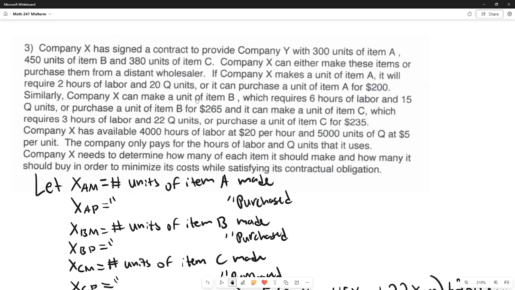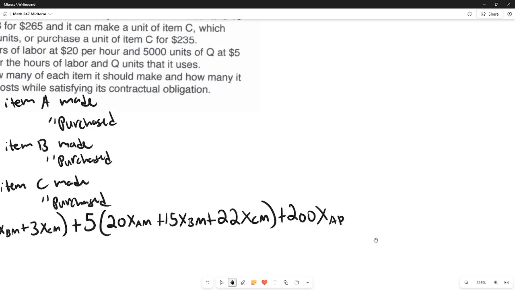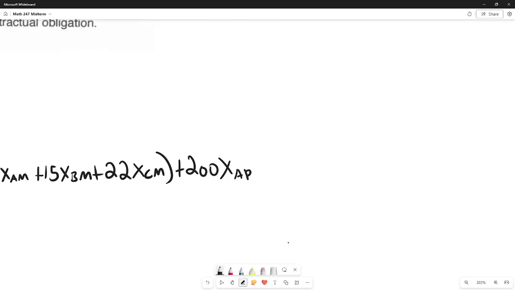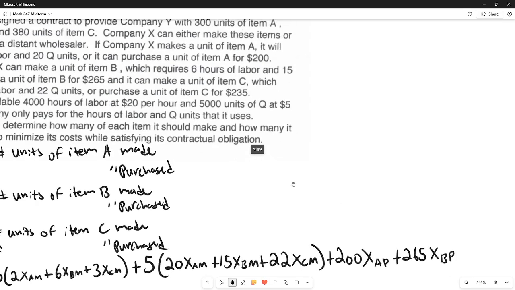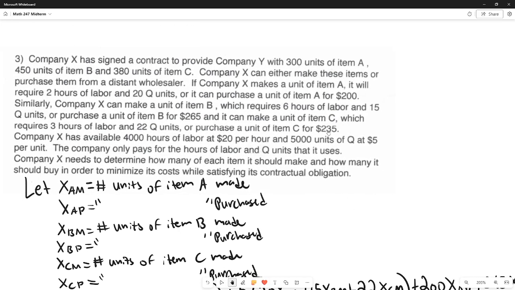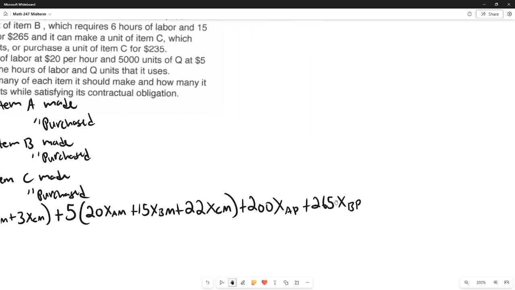Then for B, unit of item B, it's 265. So we're going to do plus 265 XBP. And then finally for C, it's 235.